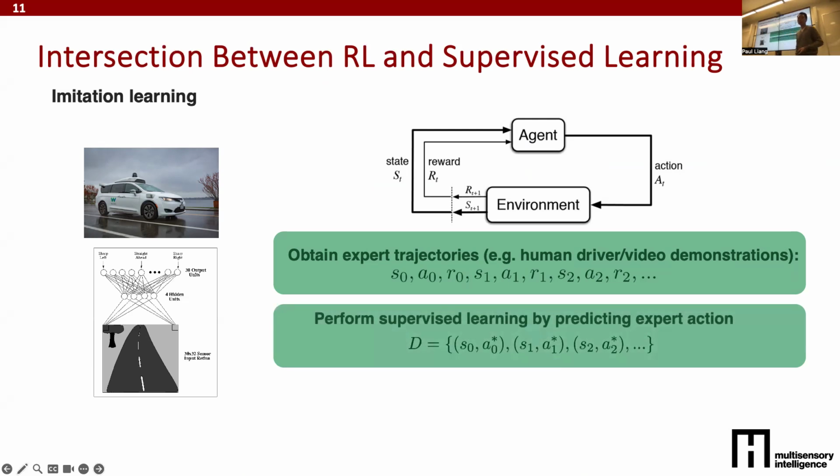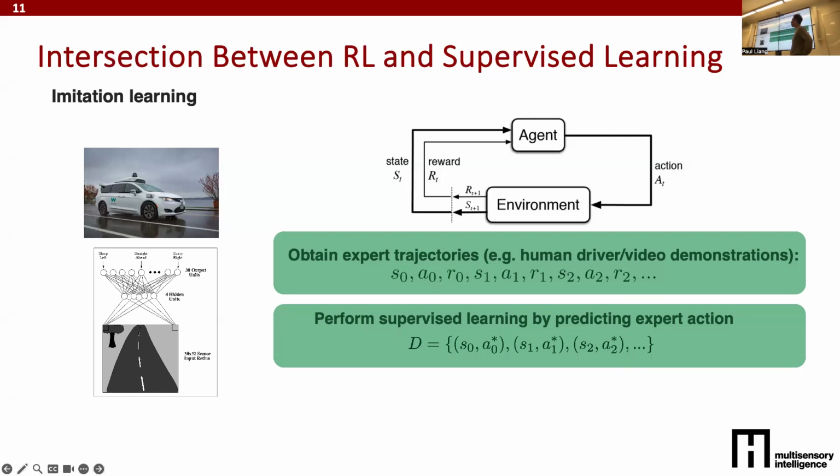And then you could basically just do supervised learning by learning a function that takes in whatever states were collected in this human expert data. That's your input S, and you just try to recreate what the human did by predicting the actions. So that can be a simple classification model. So that's called imitation learning.